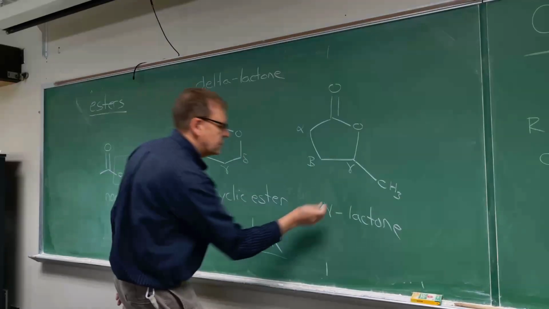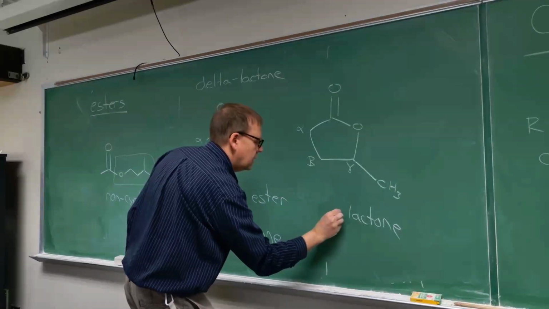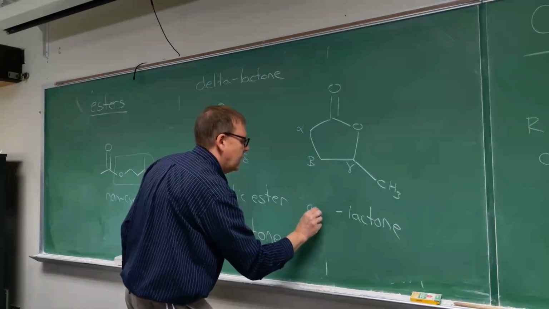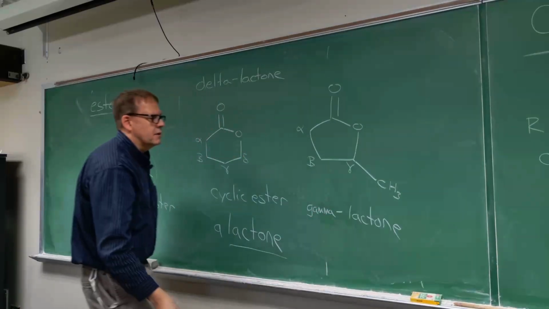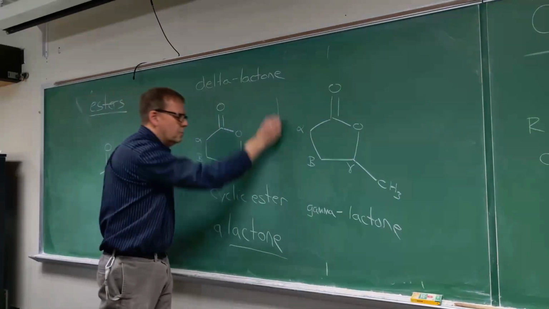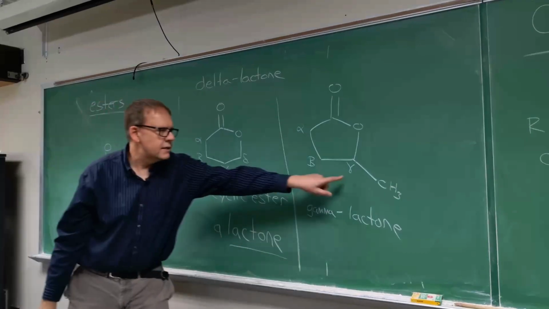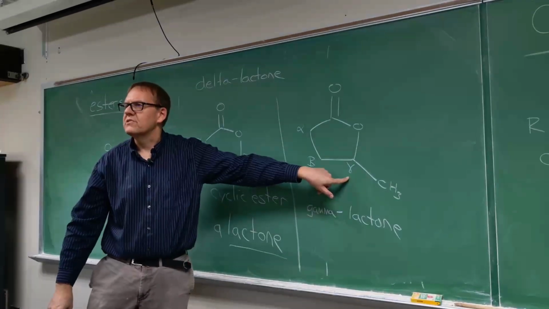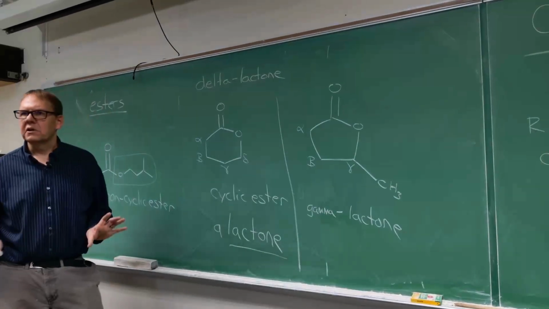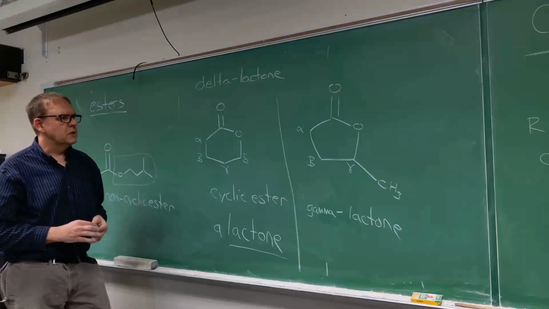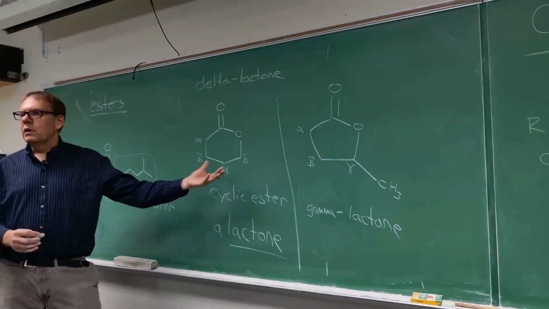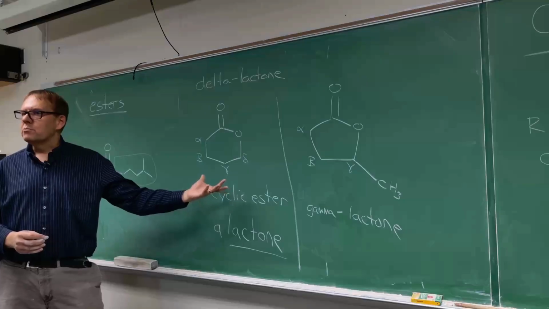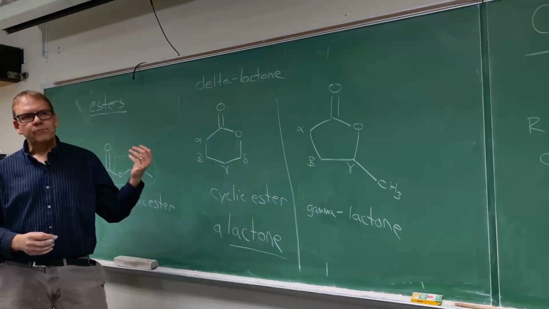Maybe what I'll do is I'll spell it out, just because I don't want anybody to be confused by my drawing of the gamma symbol. It's not a symbol you often see, so it might look like a squiggle if you're not tuned into it. But there's lots of interesting lactones out there, lots of important natural products.